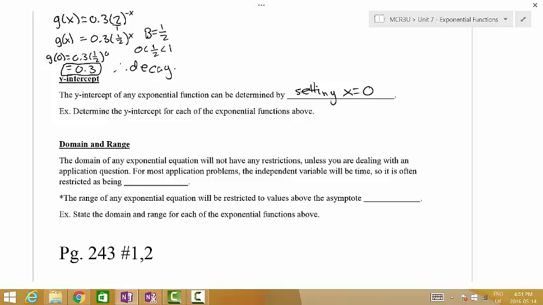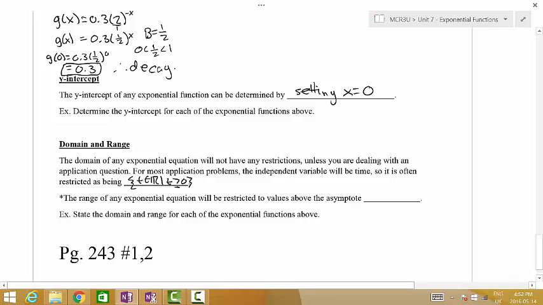For most application problems that involve exponential functions, the independent variable will be time. We can't have a negative time, so usually it's restricted as t element of R such that t has to be greater than 0. Again, we cannot have a negative time, so we just have to make sure t is positive. Actually, it's t greater than or equal to 0.